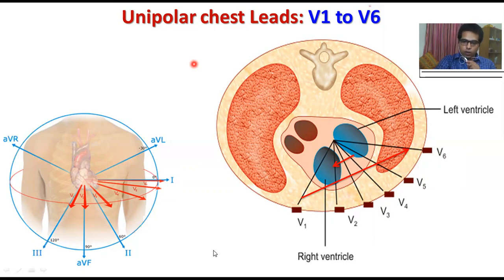So from this view, you can see clearly that V1 and V2, these two leads are called septal leads, V3 and V4 cover the anterior surface of the heart, and V5 and V6 actually record the electrical activity of the lateral surface.